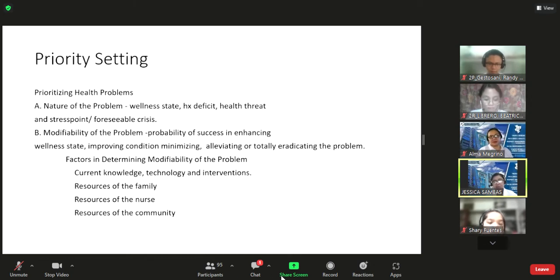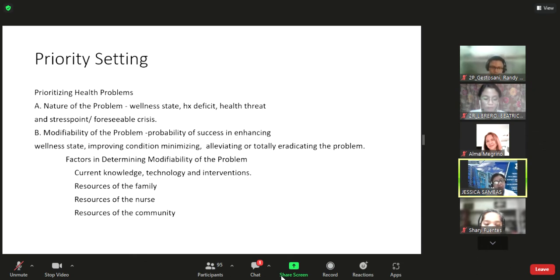Then later on, may choices tayo. Okay? Easily modifiable lang ba? Partially modifiable lang ba? Or not modifiable at all. Now, to help us in determining the score or the scale, ay dili na gid siya ma-modify ang problem.